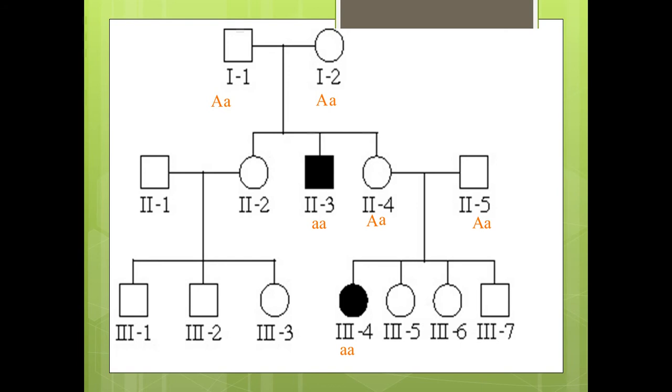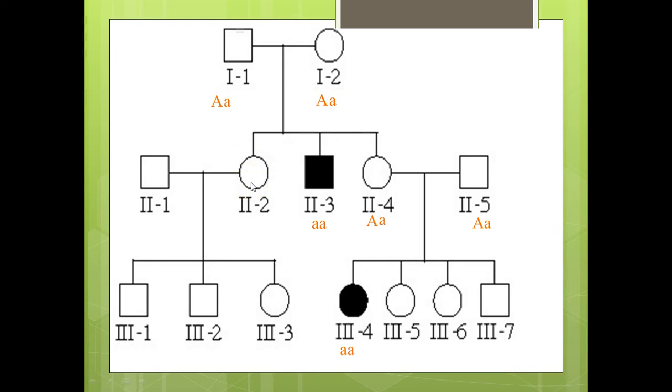After that point, the rest of the children from these parents could either have heterozygous or homozygous dominant genotypes because, for example, in child 2-2, she could have inherited either a capital A from mom and a capital A from dad, giving her a homozygous dominant, or she could have inherited a capital A from one of her parents and a lowercase a from the other parent.